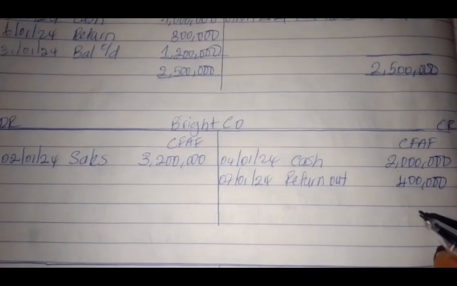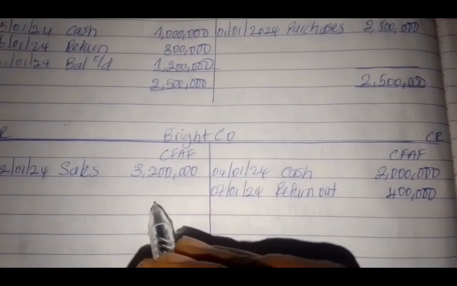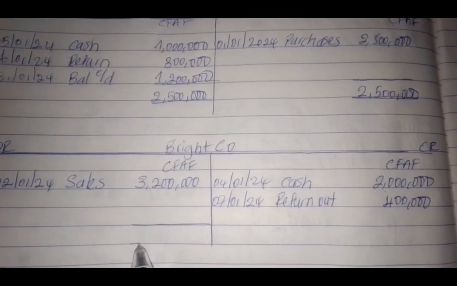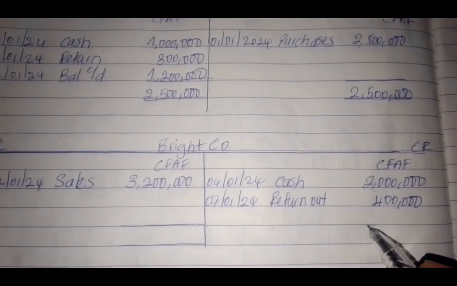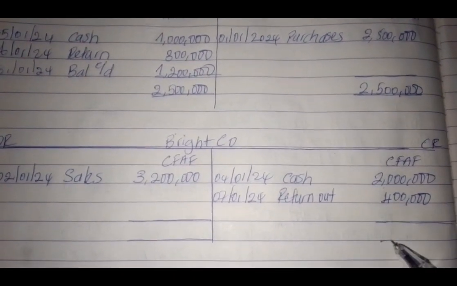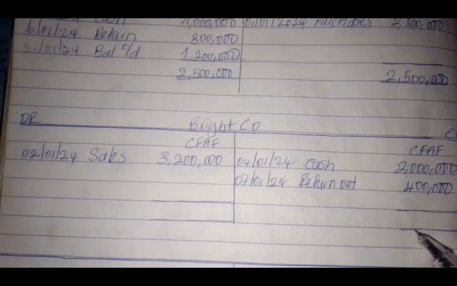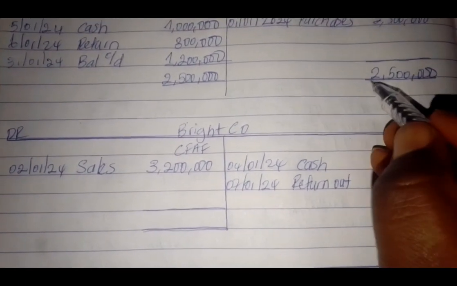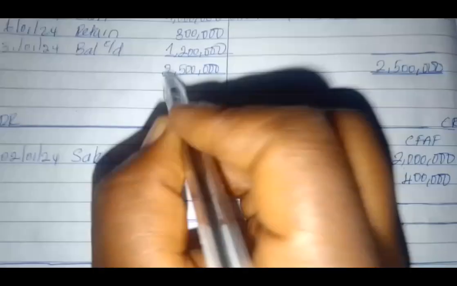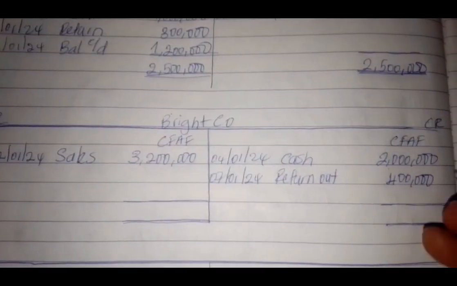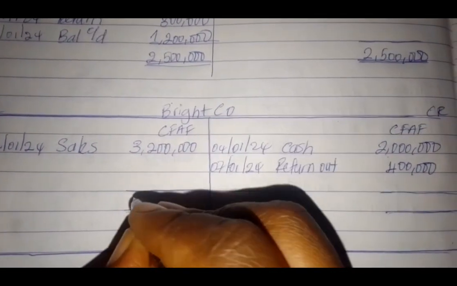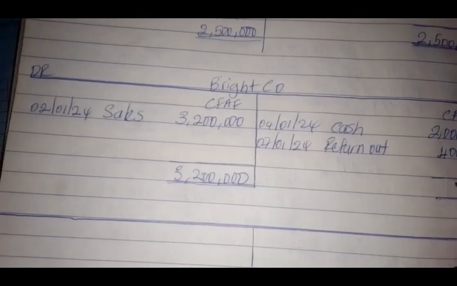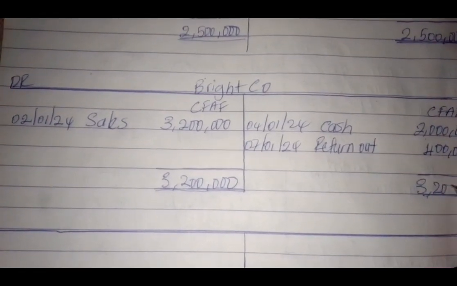Balancing it off, we simply look at the higher side. We'll see here that we are supposed to balance it off using the debit side. We need to use rulers, but since I'm going to take time when using rulers, it's going to be time wasting, so I decided to use my hands. So we have 3,200,000.